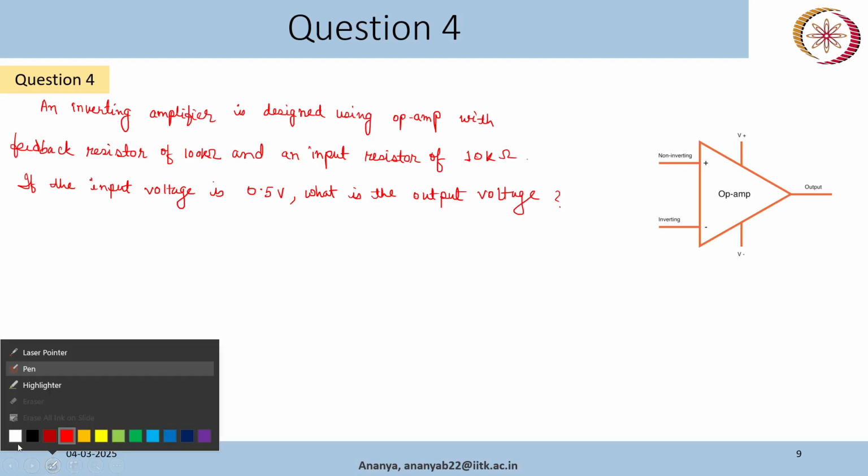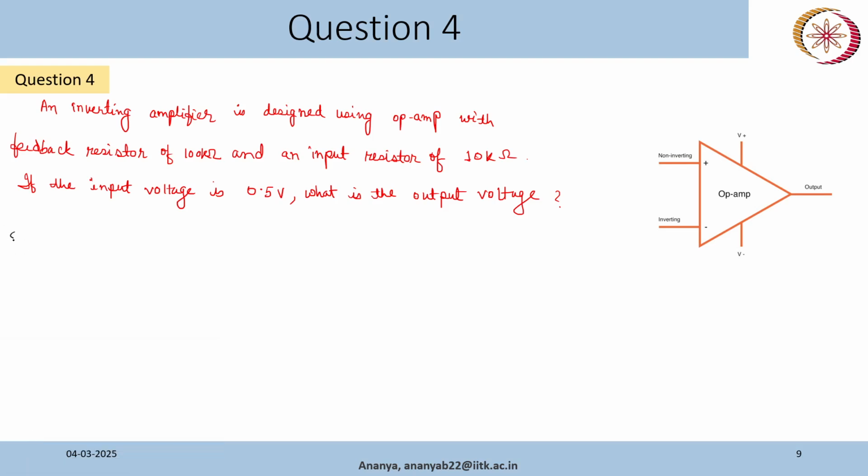So right here, the solution is the gain. This is the voltage gain of our amplifier, AV, so that is why we denote it as V. The voltage gain is equal to minus R2 by R1.